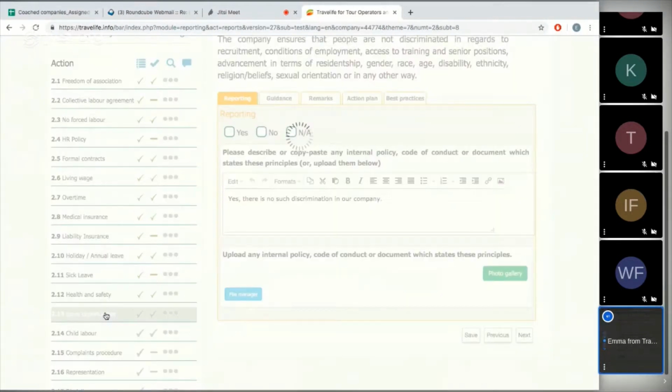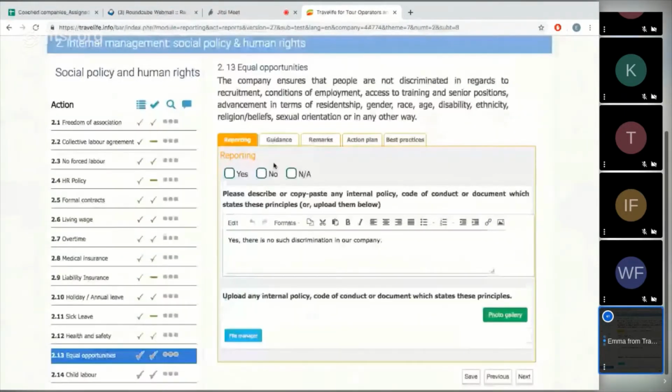Then 2.13 about equal opportunities. This is about that your company ensures that people are not discriminated against in regard to conditions of employment or access to training or senior positions in terms of their gender, race, age, or in any way.